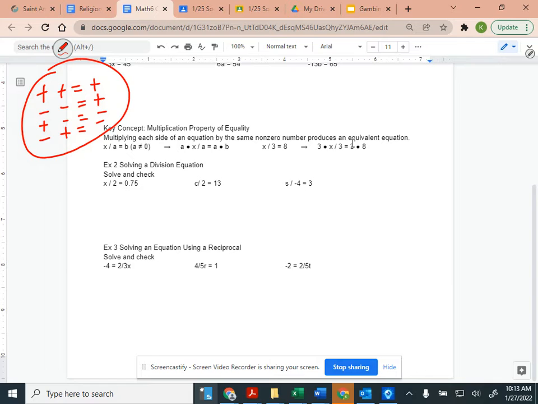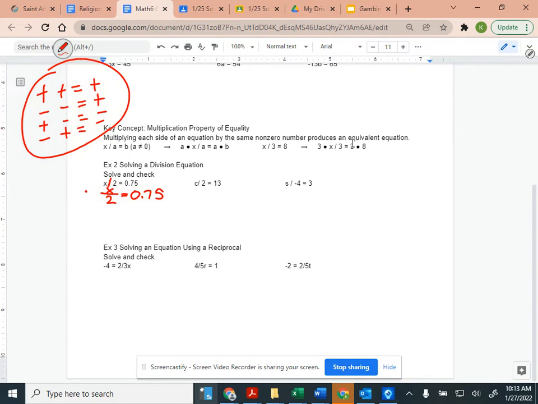So if we have x, and this is a slash, so that means x over 2 equals 0.75. So what does that fraction bar mean? What operation do we do when we see the fraction bar? We're dividing. So x divided by 2 equals 0.75. So what's the opposite of dividing? Just multiplying.